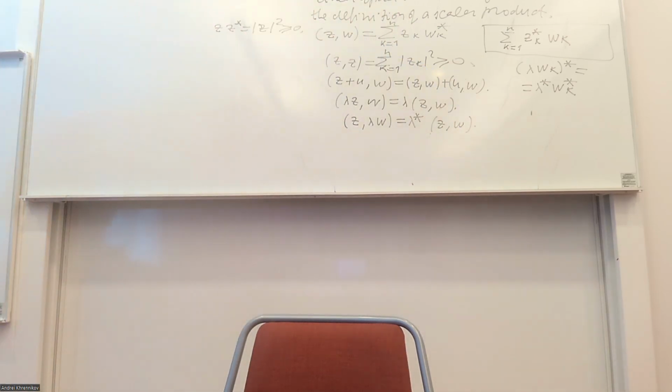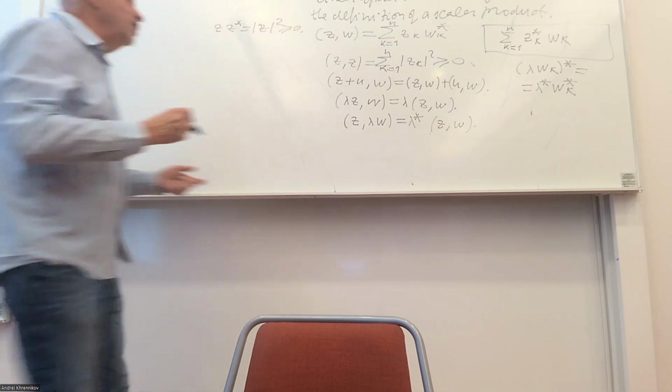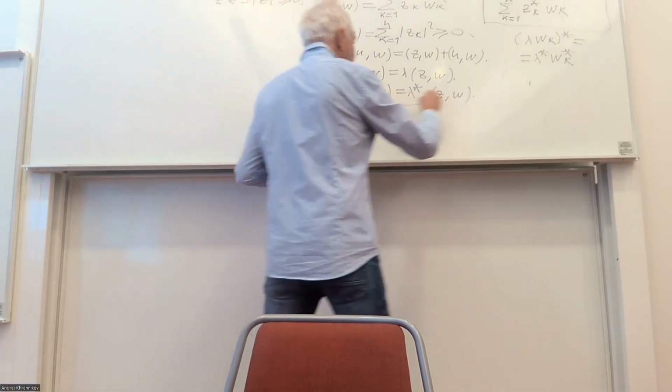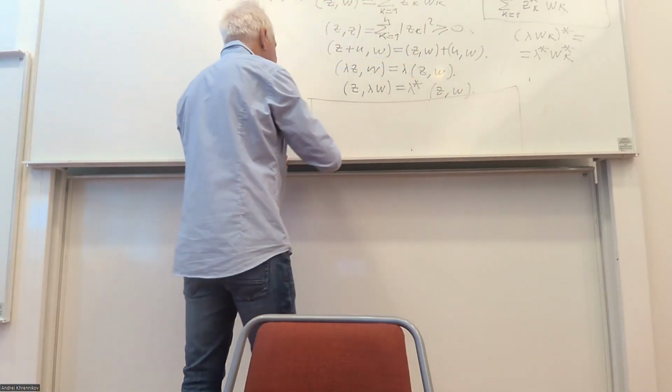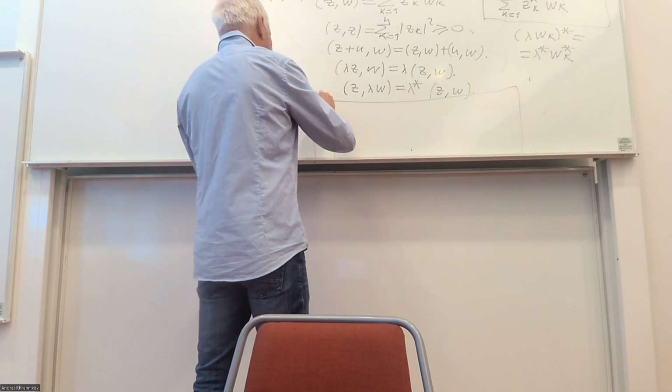So from the second argument, the scalar goes out not just as it is, but with the complex conjugate. So now we define a complex scalar product on a linear space.